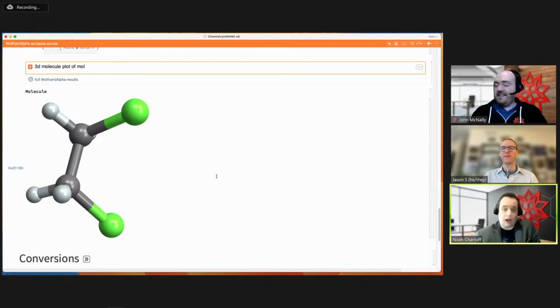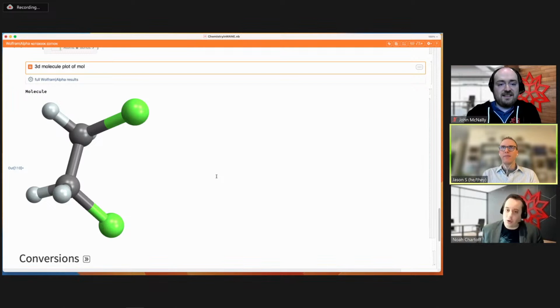I have a question. I know you mentioned that the colors are probably very familiar to people who do a lot of chemistry, but in case you weren't one of those people, is there any way to show the names of the things in the 3D molecules?